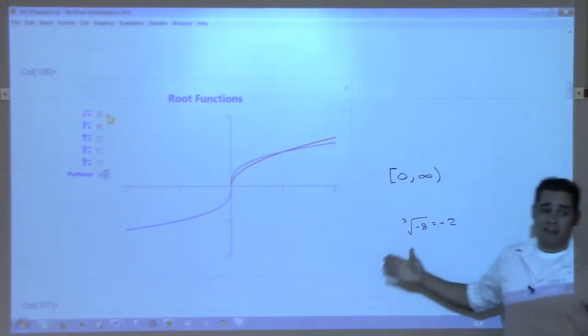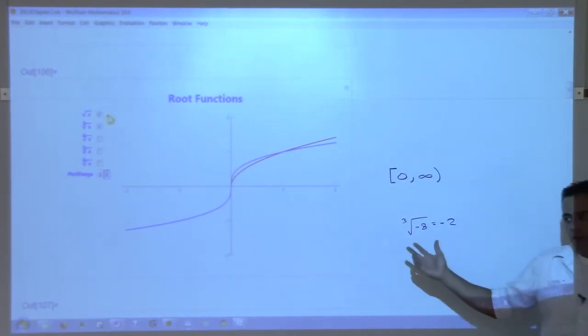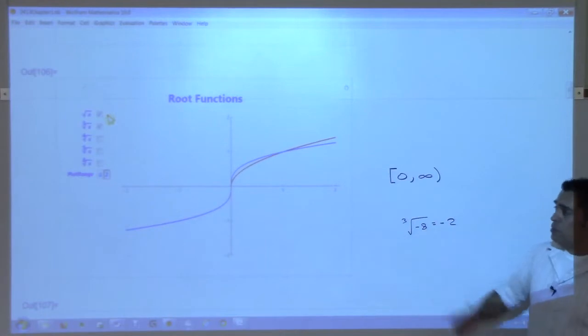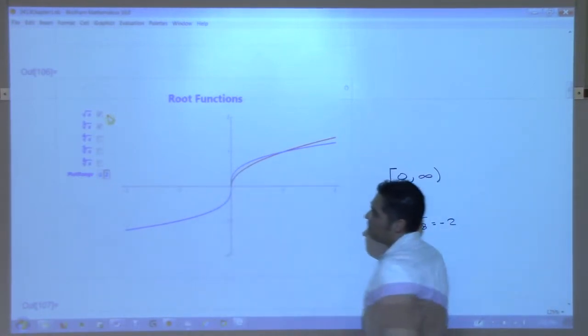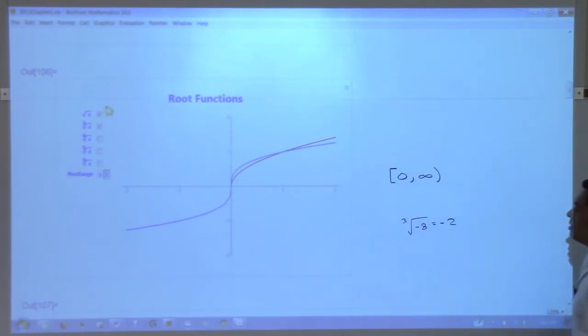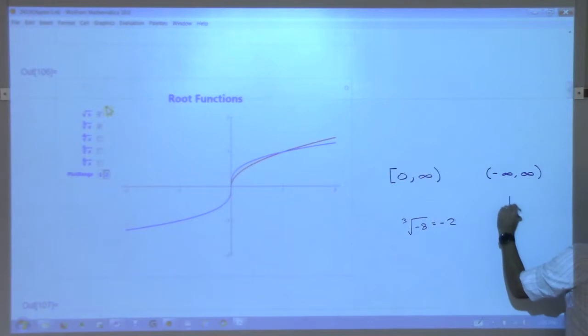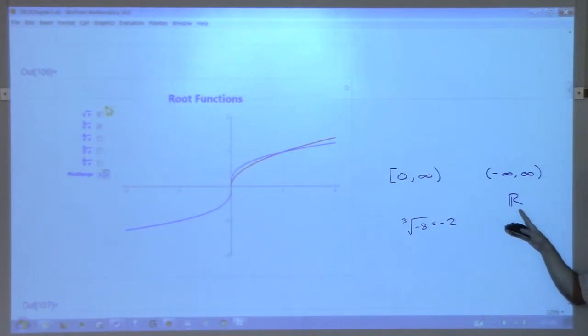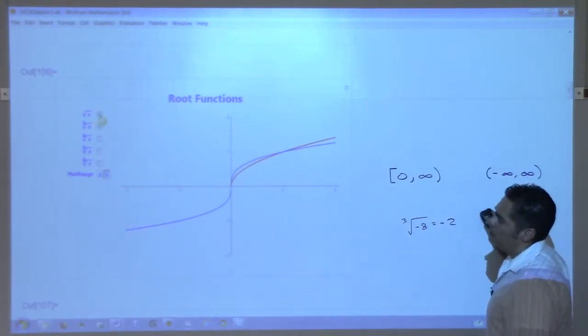So it's okay to plug negative numbers into the cube root function, and therefore the domain of the cube root function would be what? For this one? Everything, right? All real numbers? So we could write that as negative infinity to infinity. You can also use that to represent all real numbers, or you can write down all real numbers. It's up to you. Okay, what about the fourth root?